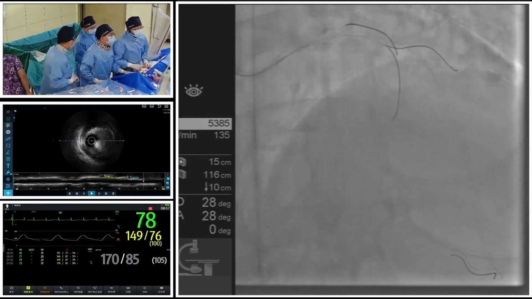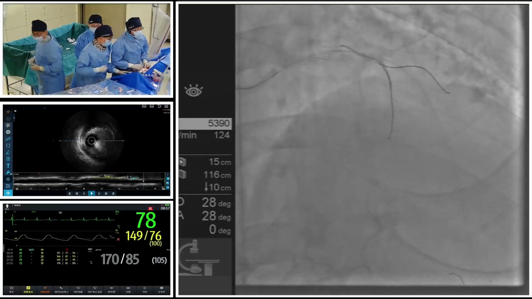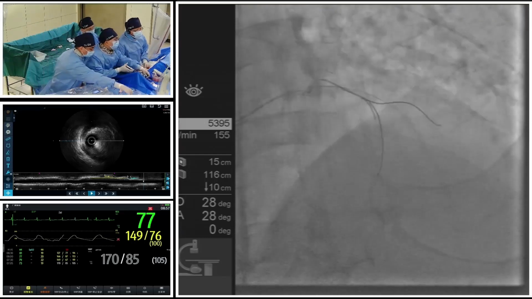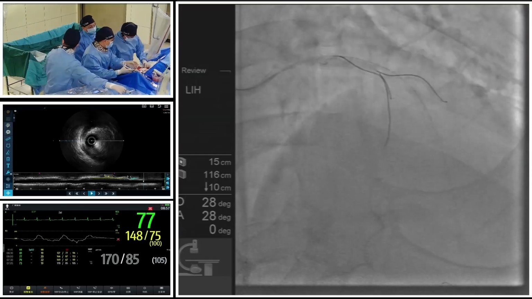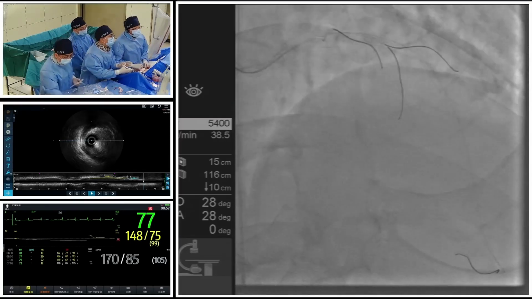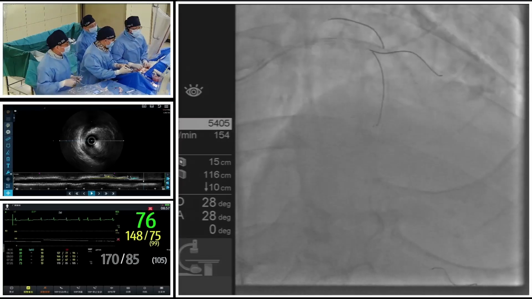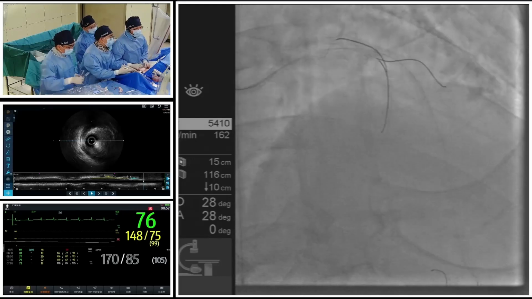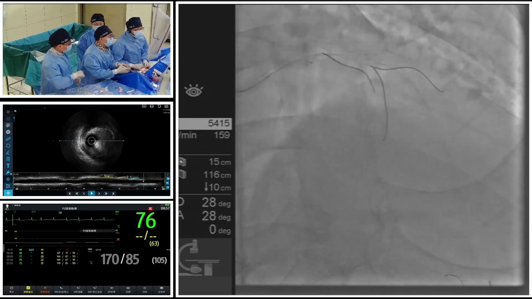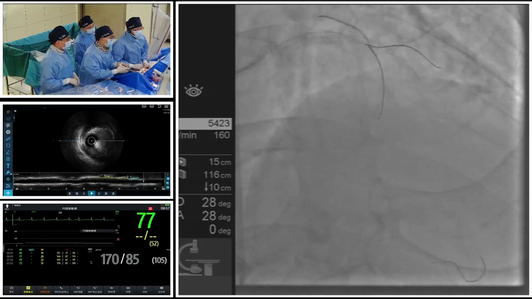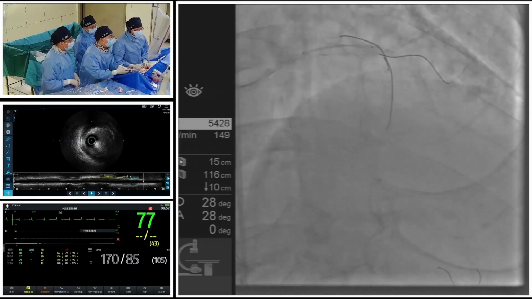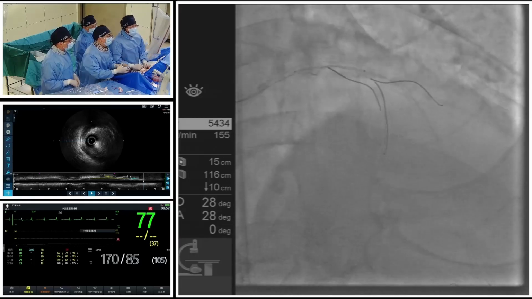Compared to other debulking systems, rotablation can reduce the risk of side branch loss compared to the non-rotablation group. I think this shows the benefit of rotablation debulking strategies.